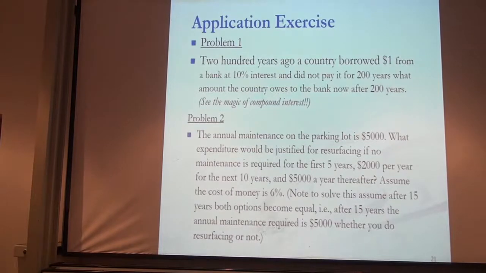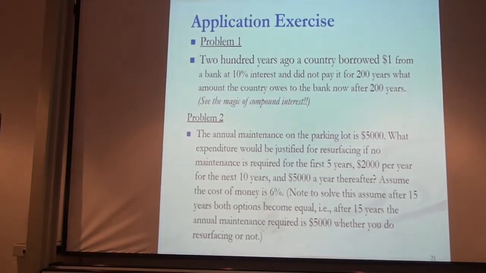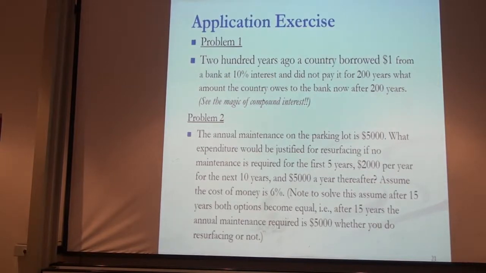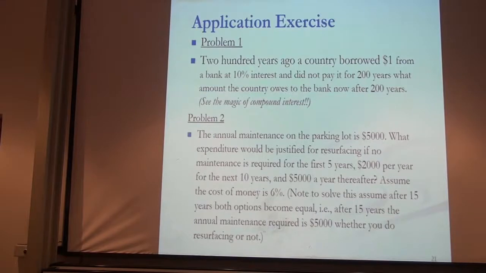Option number 1 is do nothing. If you do nothing, you have to keep spending $5,000 each year. If you do resurfacing, then first 5 years 0 cost, next 10 years $2,000. But resurfacing requires some investment, something you have to spend earlier.